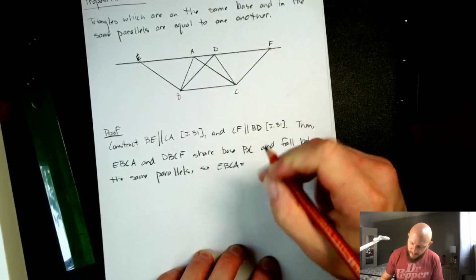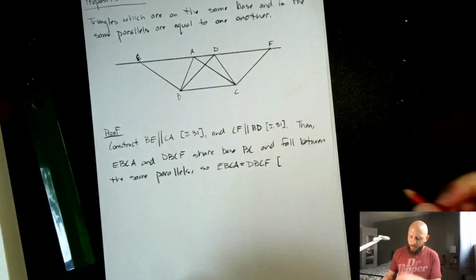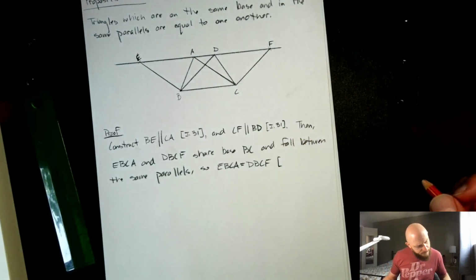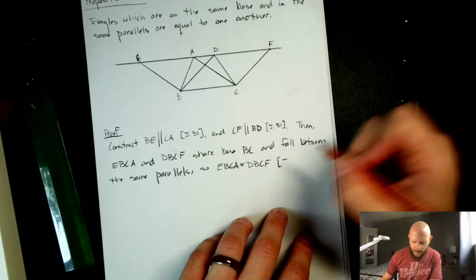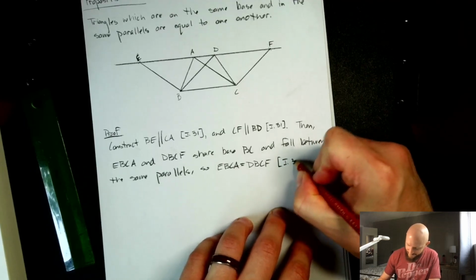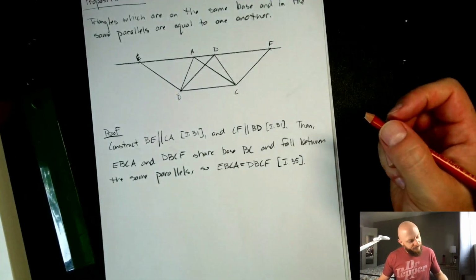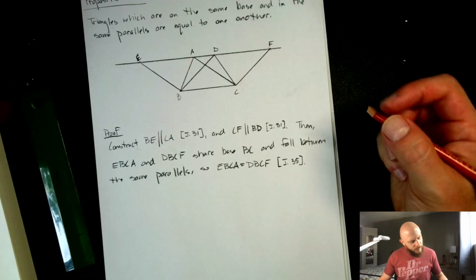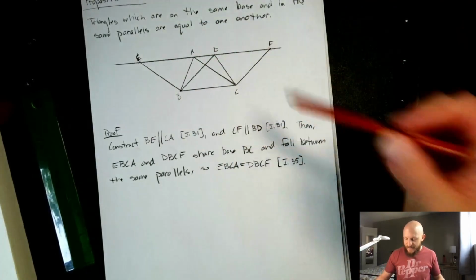Namely, they're equal in area. That was prop, what was it, 35? Yep. Just double checking myself. Yep, prop 35. Right, EBCA is equal to DBCF.